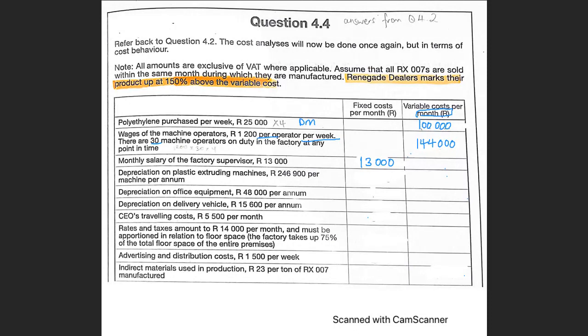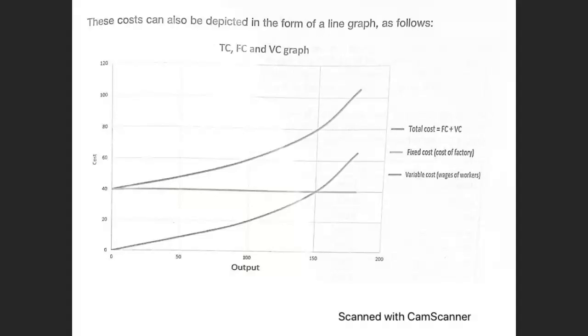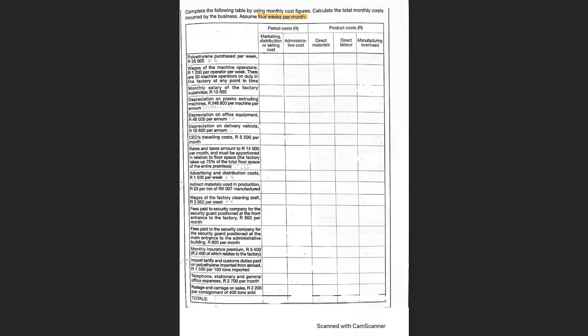It is 246,900 per machine per annum. So remember here we said that because this was per machine, we also needed to remember that in question 4.2, they said to us that there were 4 plastic extruding machines. This bit here at the bottom, 4 plastic extruding machines that the company had within the factory.